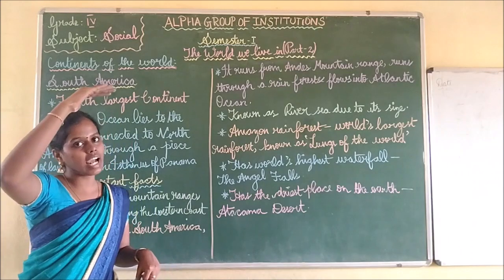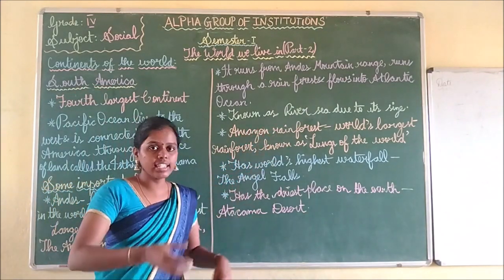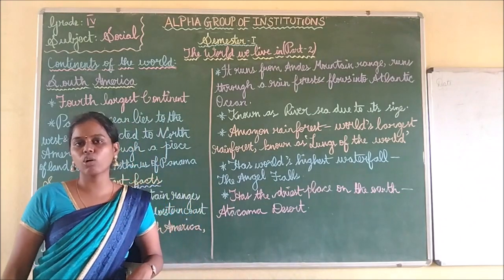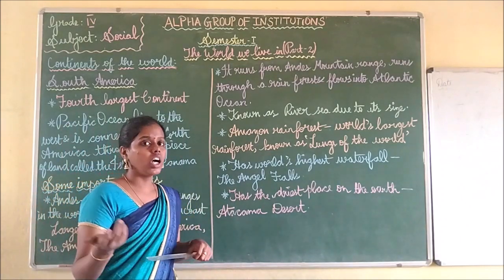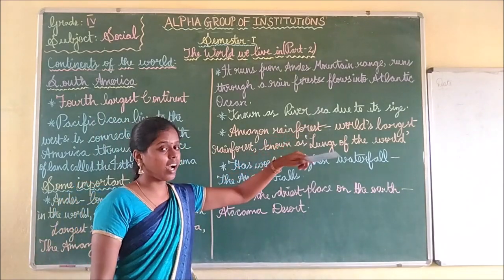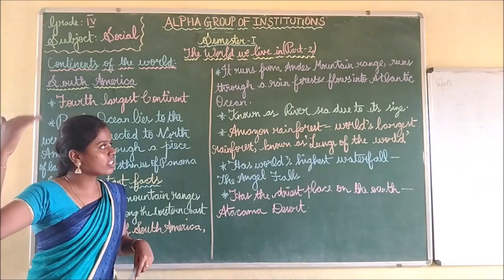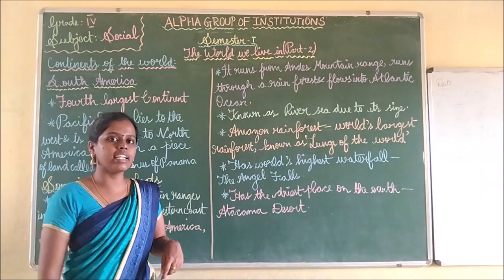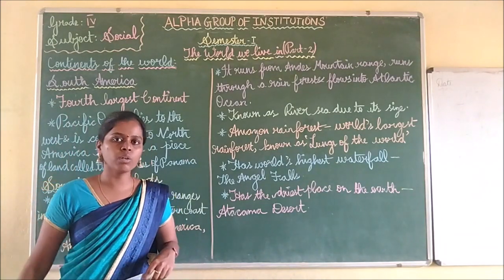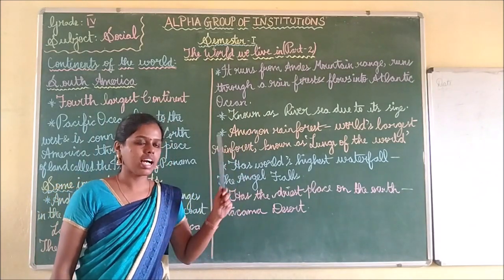It starts in the Andes mountain range and runs through a rainforest. There are many rainforests, and through one of them it runs, and at last it ends in the Atlantic Ocean. So this is about the Amazon.